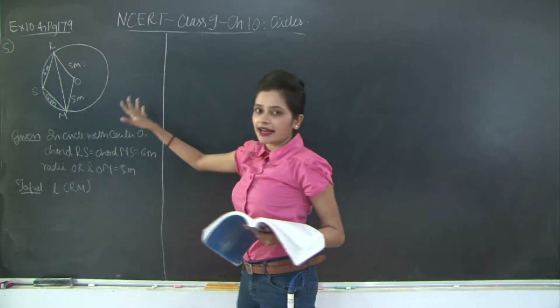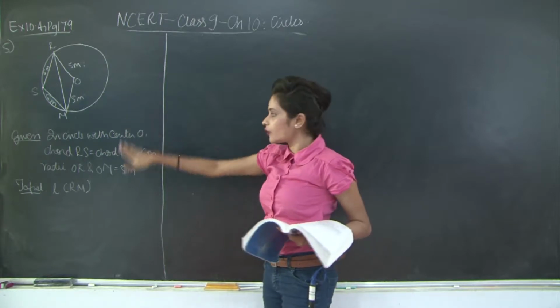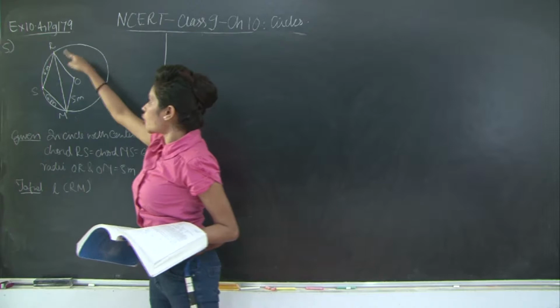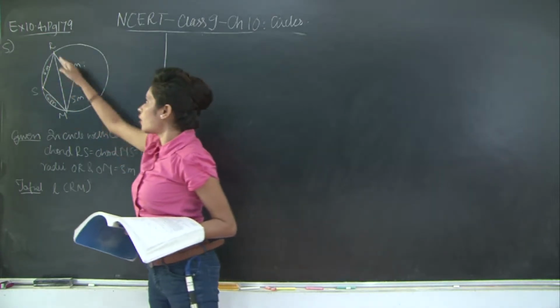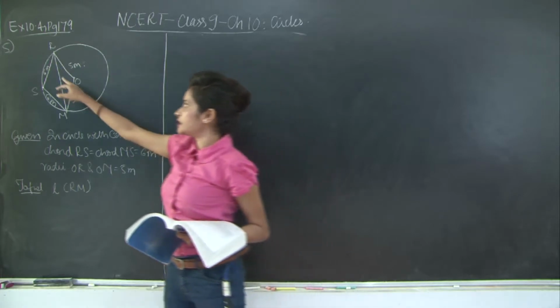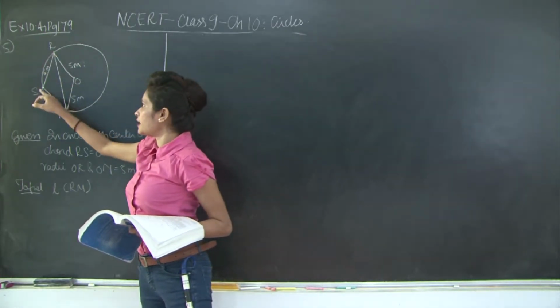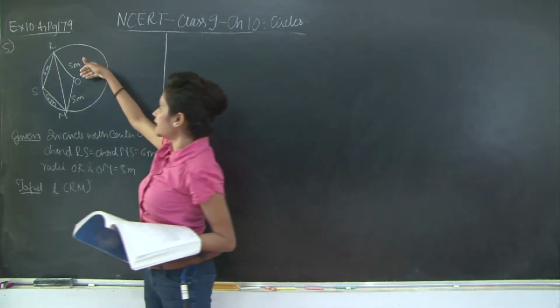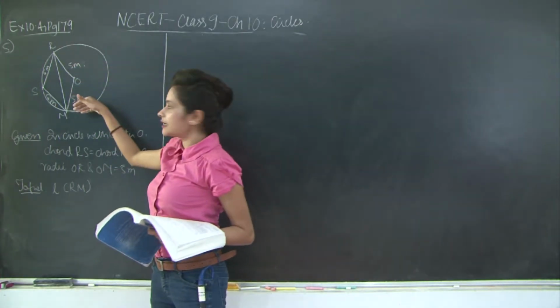Now let's try and understand this with the help of what I have drawn and the given data. In a circle with center O, you have chords RS and MS equal to each other because each is given to be 6 meters. The distance between Reshma, Salma and Salma and Mandeep is equal, right? And also you have the radii OR and OM.